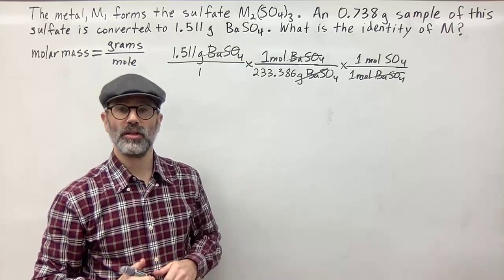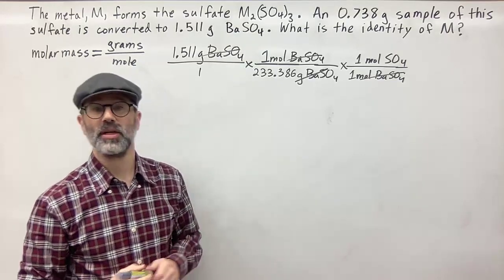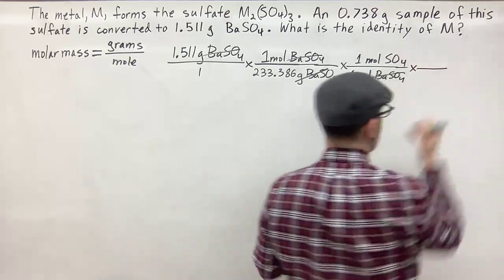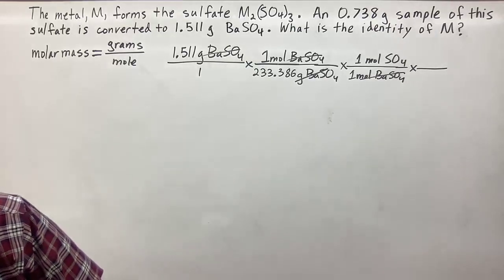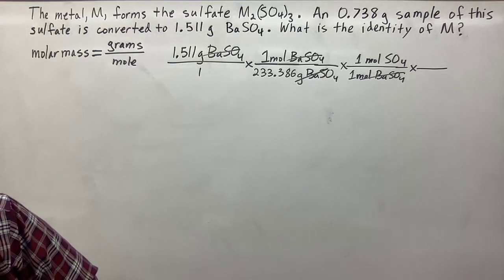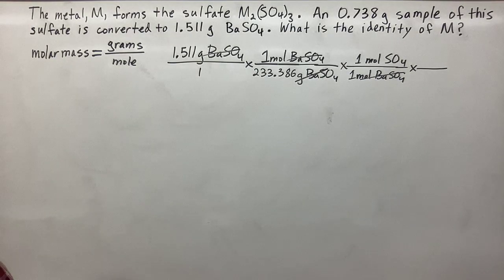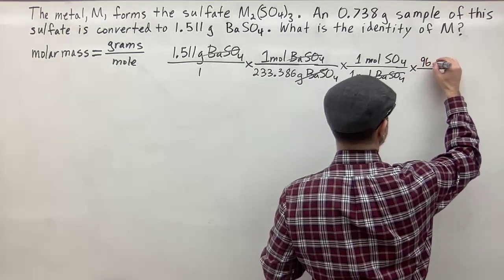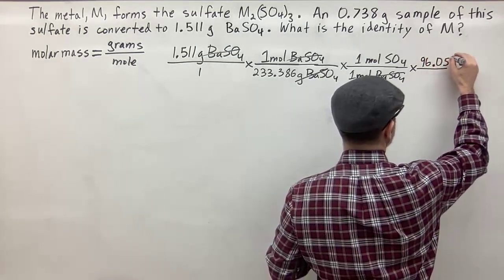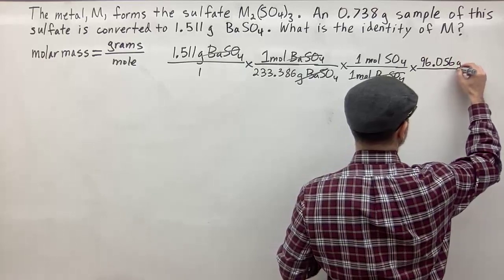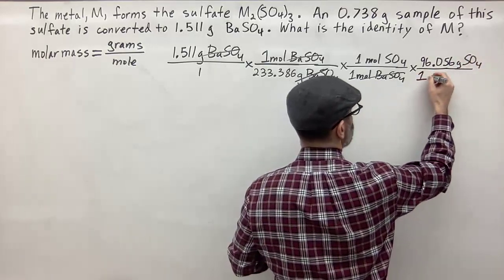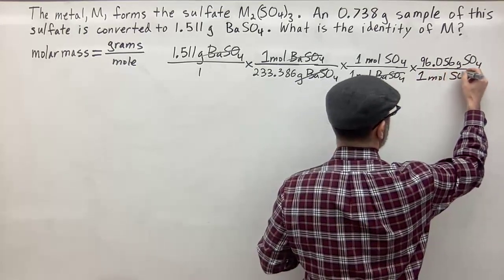And so now we can convert this to grams of sulfate. So one last step, we need the molar mass of sulfate. And when you calculate that, you get 96.056 grams of the sulfate, and on the bottom is going to be 1 mole of sulfate.